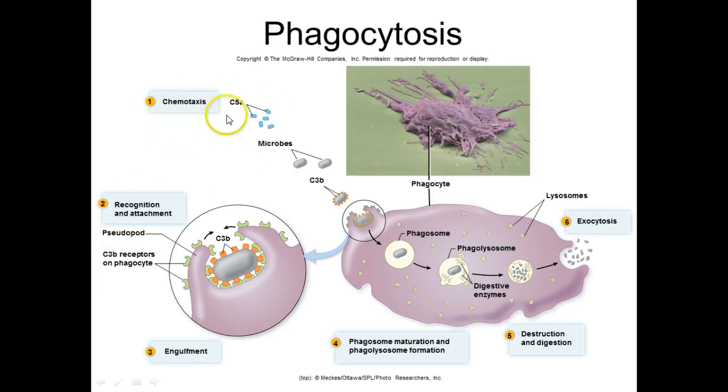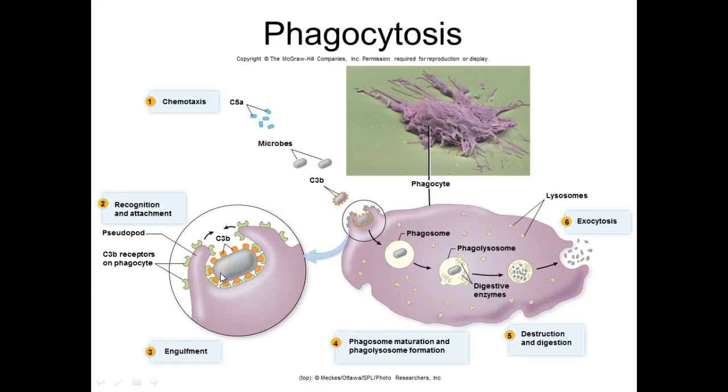So, as I said here, chemotaxis, right? In this case, this is an example of another complement protein, C5a, and this one is a very strong chemoattractant. It is a cytokine, it's a chemical message, right? Cytokines are chemical messages that are going to draw the white blood cells to that area. And in this case, too, C3b binds to the surface, which helps facilitate the phagocytes' attachment, right?